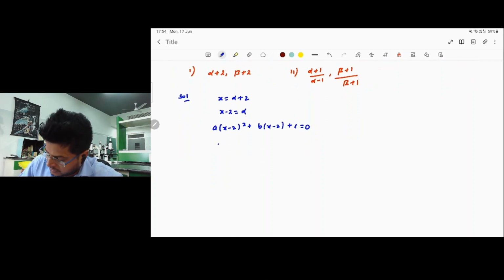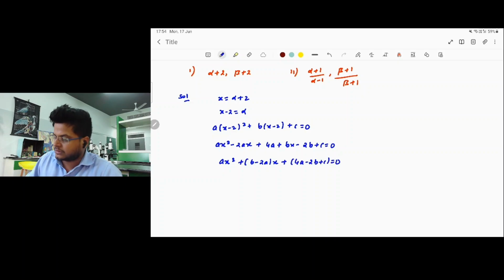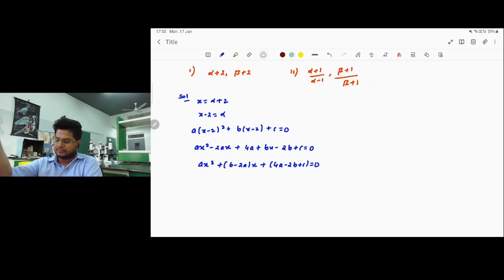So when you open this, you'll be getting ax square minus 4ax plus 4a plus bx minus 2b plus c equals 0. So when you simplify this, it will look like ax square, and we'll get b minus 4a times x and plus 4a minus 2b plus c equals 0. So this is the answer for the first question, right?